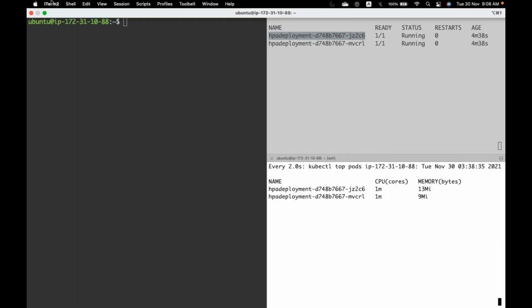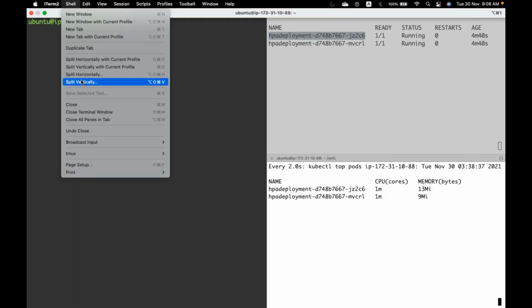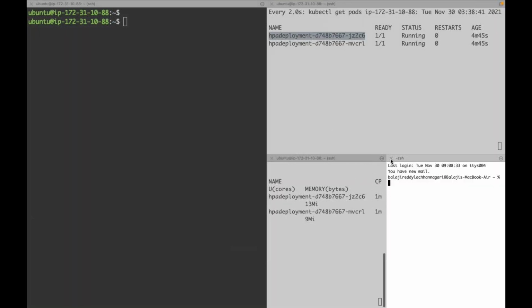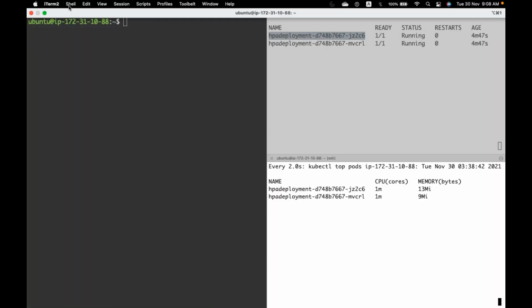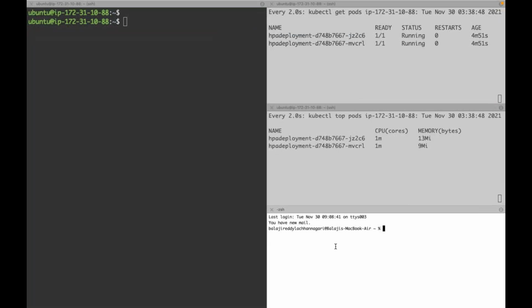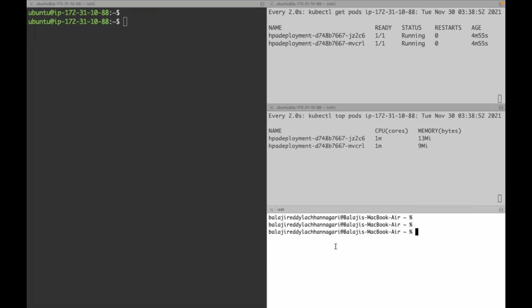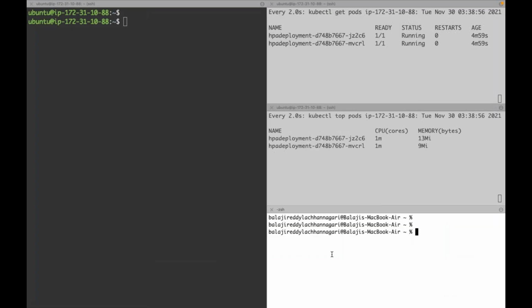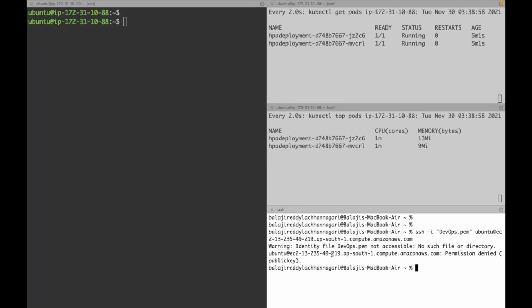Sorry, I have to split this horizontally. So here also I'll connect to the same machine. I want to show you what is happening. There is no magic in the background.